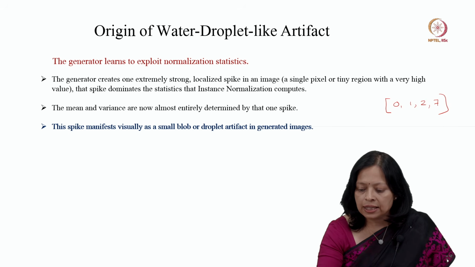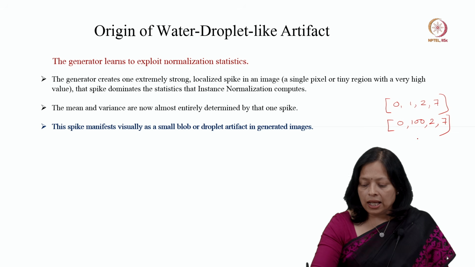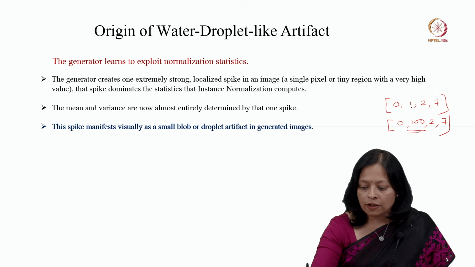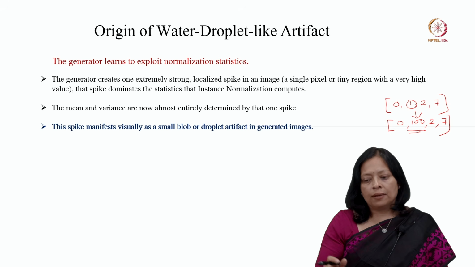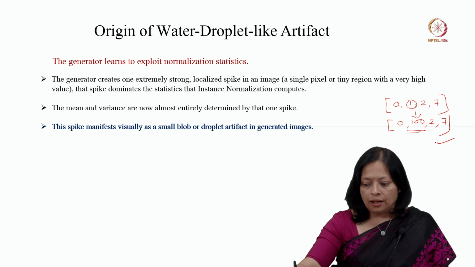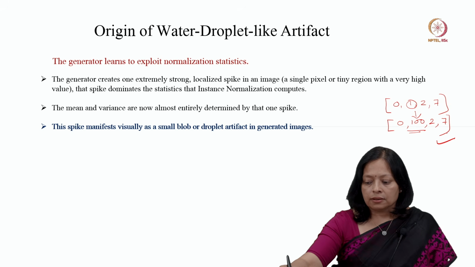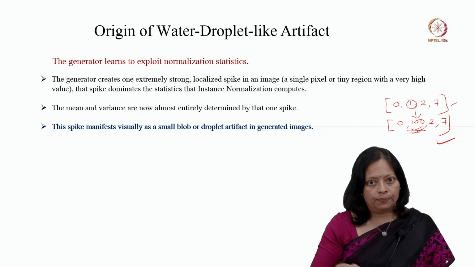Now, if the generator changes it to, say, 0, 100, 2, 7, the generator spikes one of these values to a very high value. Now, when I take the mean and the variance of this vector, the entire mean and variance will be dominated by this value, correct?